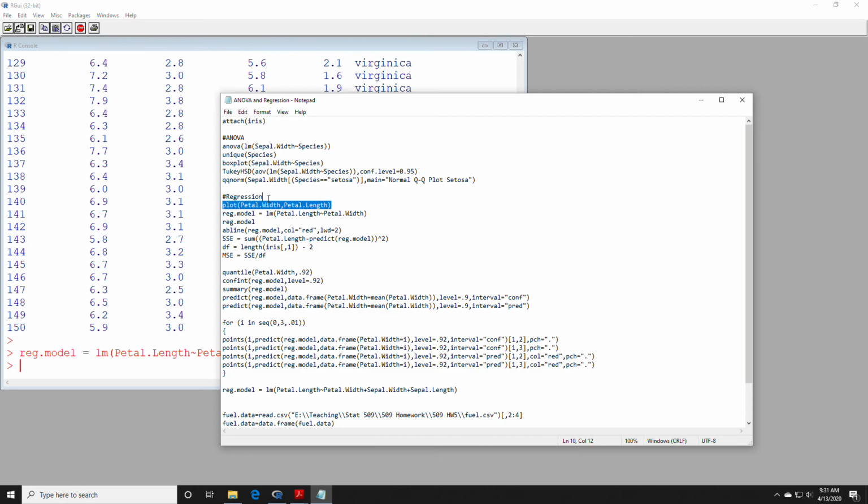Again, before we had this nice plot between the two variables. Now, one thing that you might want to do when you have a set of variables like this, you could still create scatter plots of, for example, petal width and petal length, sepal width and petal length, and sepal length and petal length.